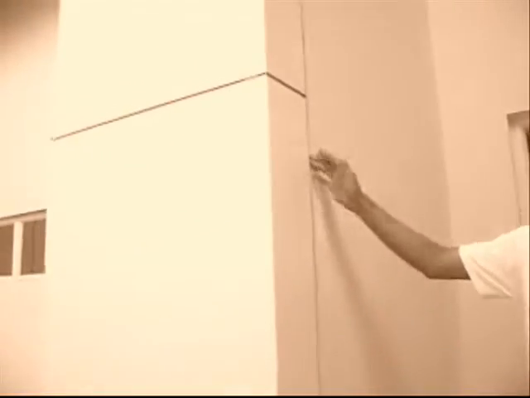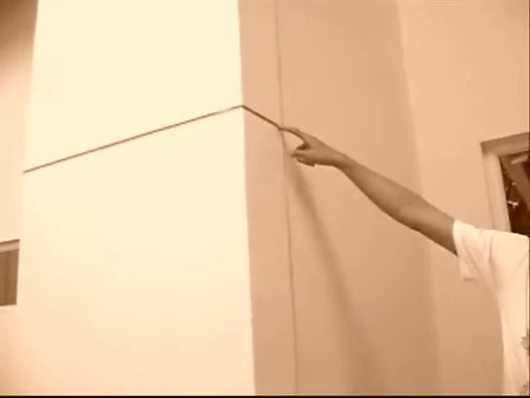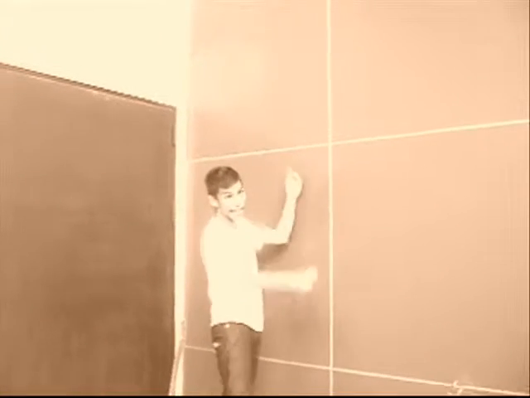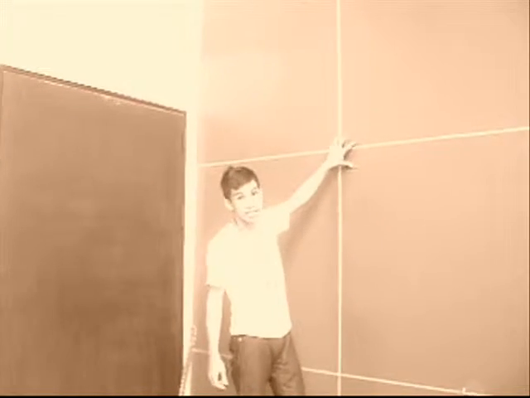Theorem number 14. If two intersecting lines in one plane are parallel respectively to two intersecting lines in another plane, then the planes are parallel and the angles formed by the lines are equal. So to illustrate that theorem, we have here these two lines, this line and this line, which determine this plane, and we have here another line, this line and this line, which determine this plane.